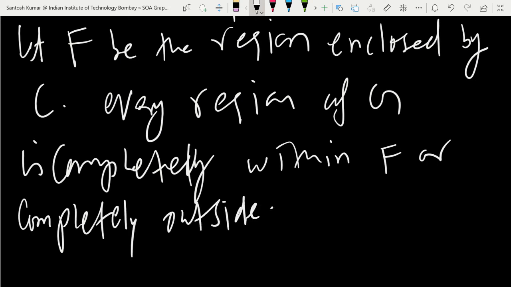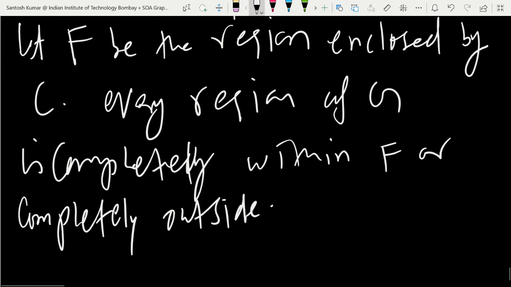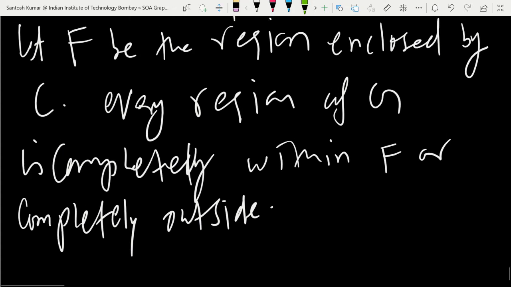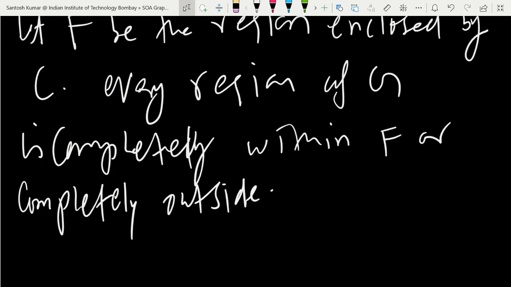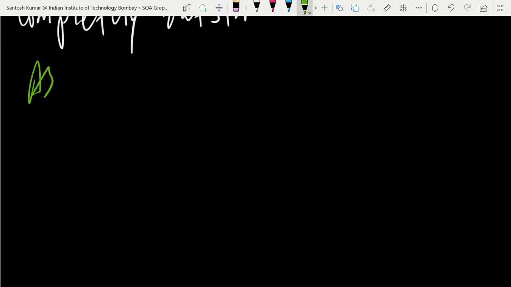Now, because there will not be any crossing of edges, every region of G is completely within F or completely outside F. So as each face of G has even length, we started with this assumption.